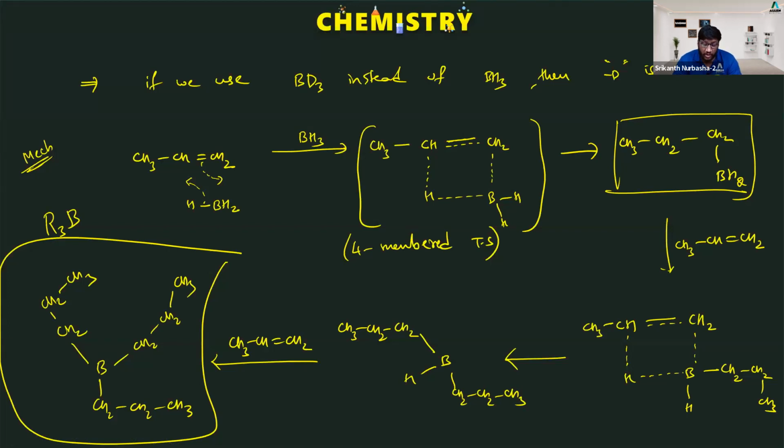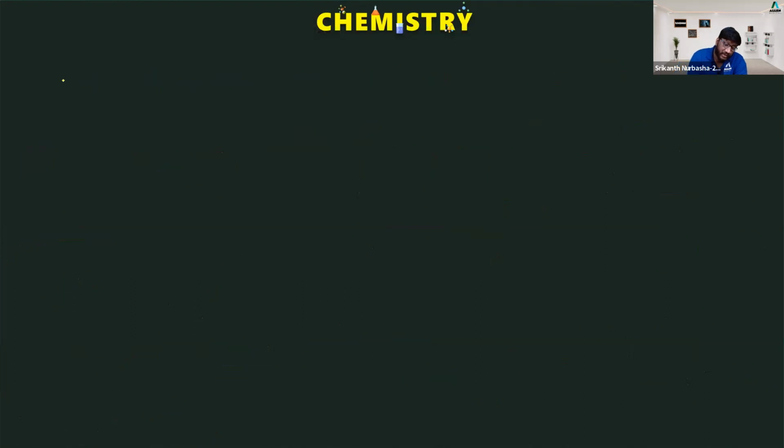That is important because the hydrogen and the OH group which is supposed to be added are going to be on the same side because of the cyclic transition state. The syn addition actually happens in this case, not the trans addition. So you can write down that point: syn addition occurs in hydroboration oxidation.